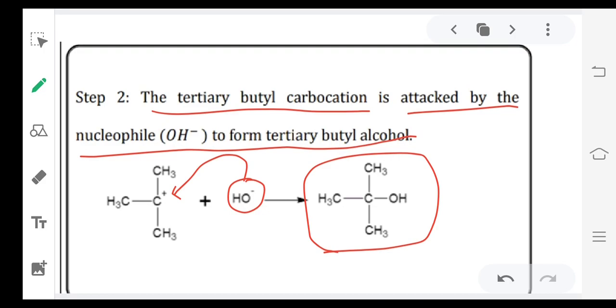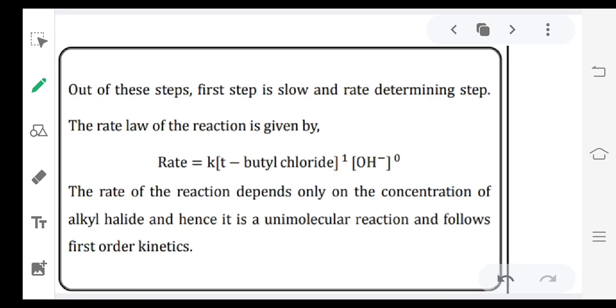So the SN1 mechanism involves two steps. The first step is formation of carbocation, the second step is attack of the nucleophile. So SN1 and SN2 reactions are very important. Every year they ask one question from these two for our board exams.